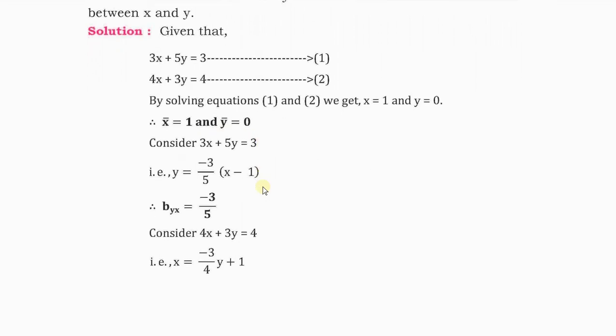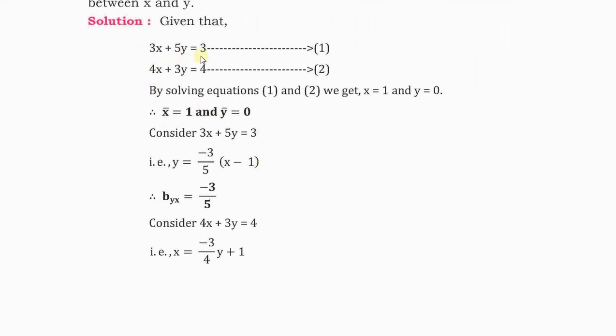Now consider the first equation here, 3x plus 5y is equal to 3. If we take the constant part outside, we take the 3x to this side, it will be 3 minus 3x. What remains here is 5y, and 3 minus 3x, out of that take 3 common, so you will have minus 3 into x minus 1.